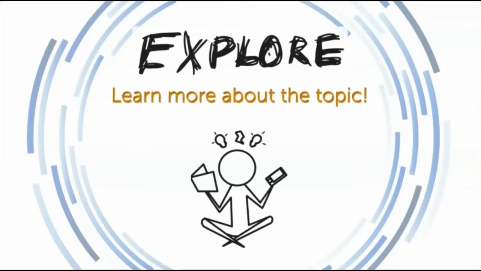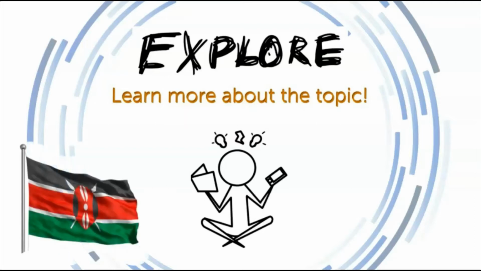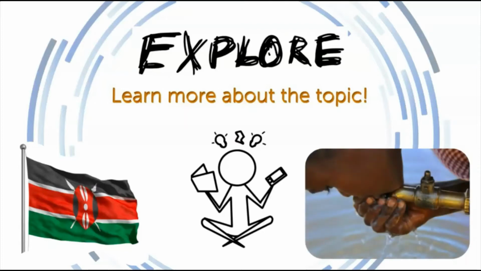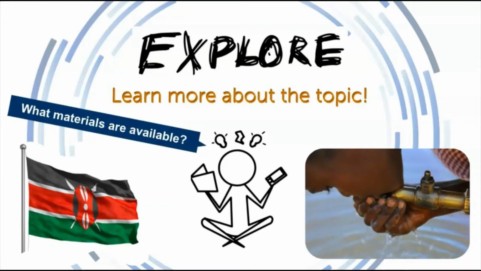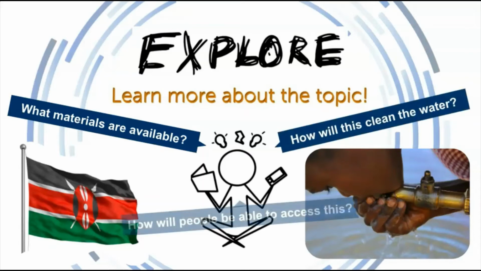The next step of the design process is to explore. While in this stage, Danielle learned more about the topic. She went to Kenya to see for herself the sewage infrastructure and to learn more about the people and children in need. She researched the options for water purification systems and asked lots of questions, and then asked more.